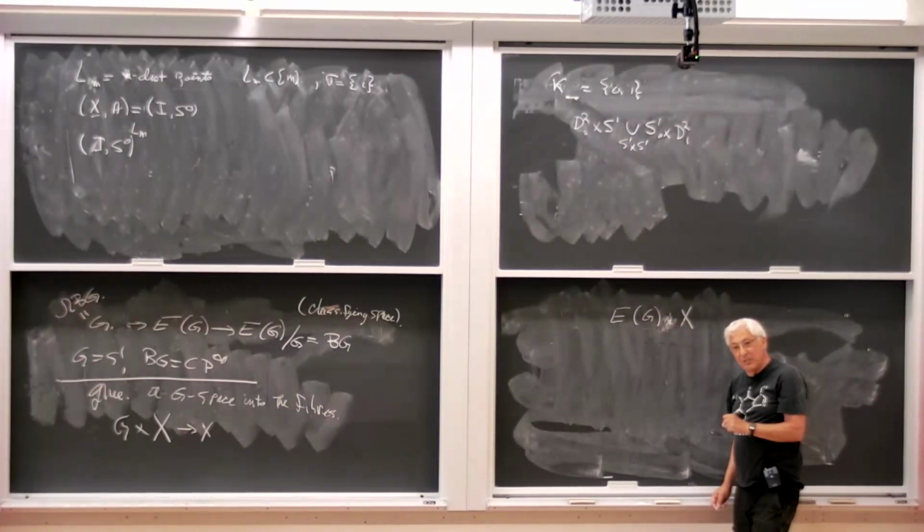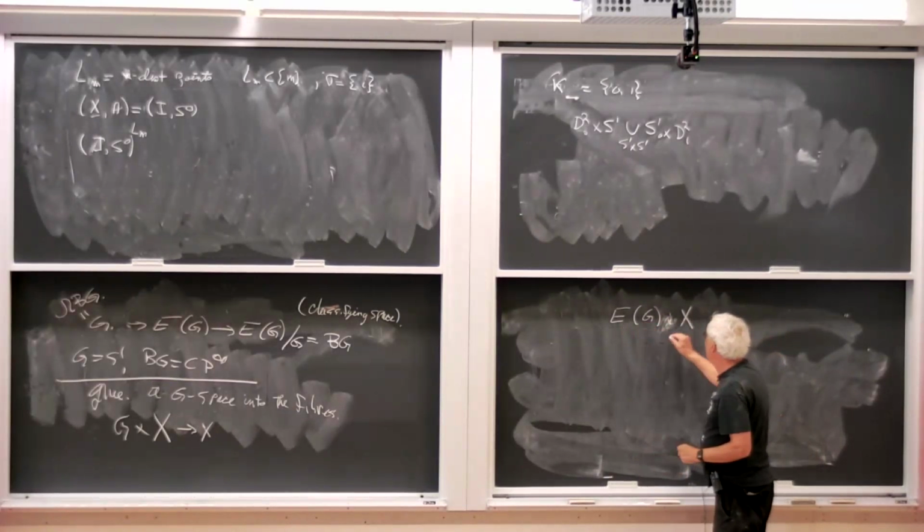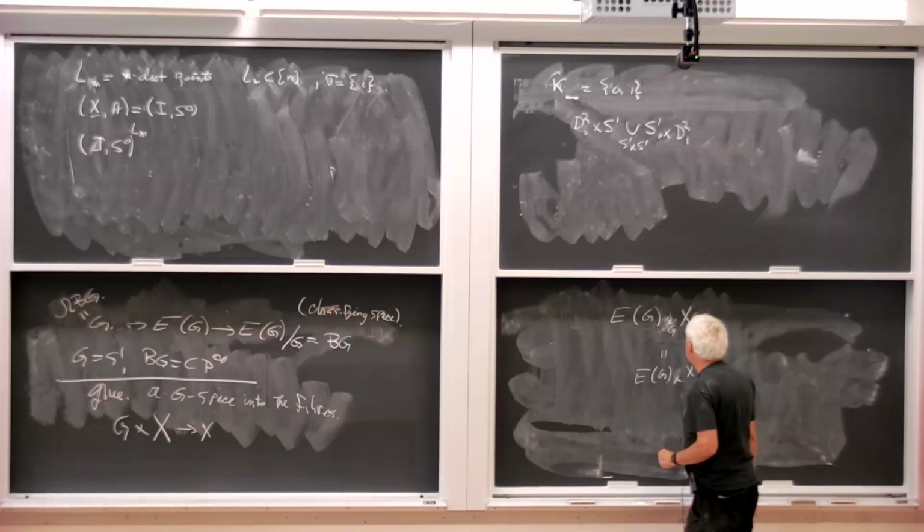And by the way, notice the group acts freely on this product, no matter whether X is bad or not, because it acts freely on the EG part. And I can mod out by the action of the group, and it's written that way. This is EG cross X modulo the G action.